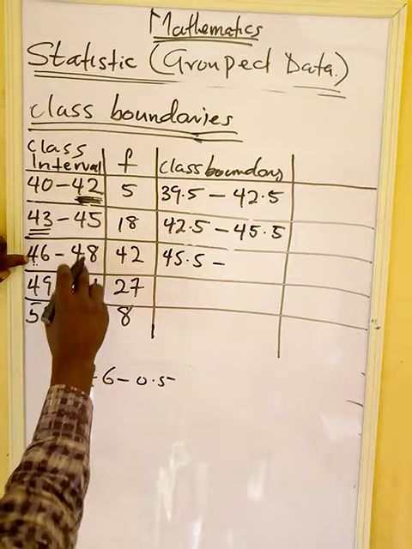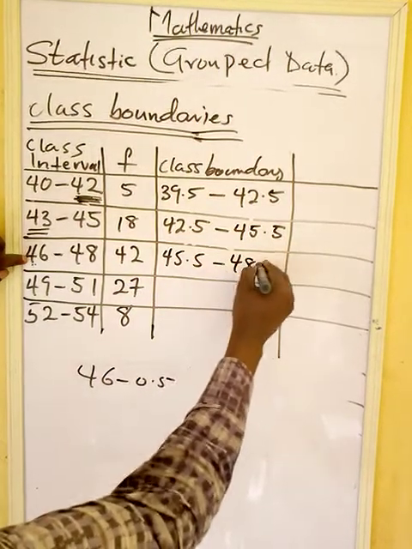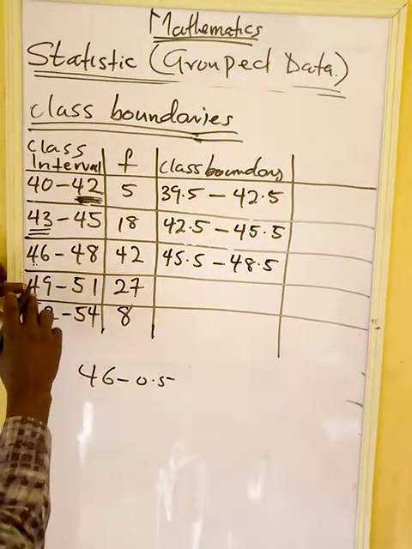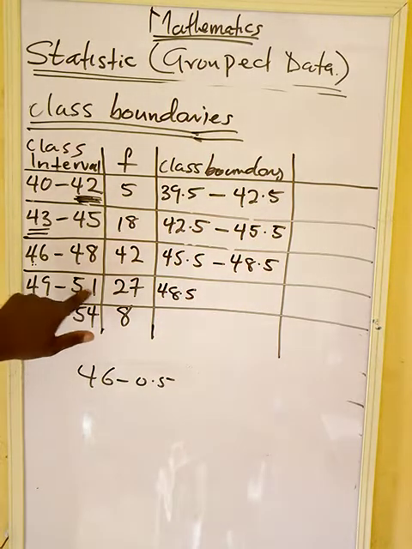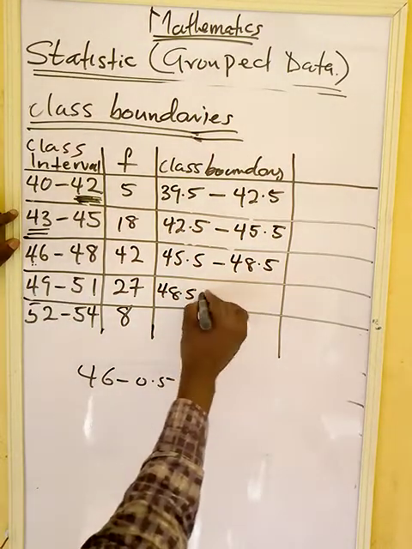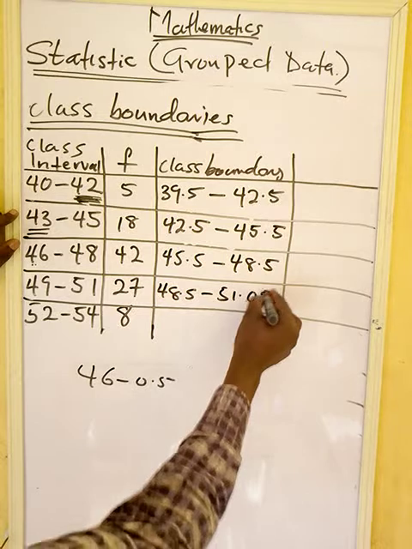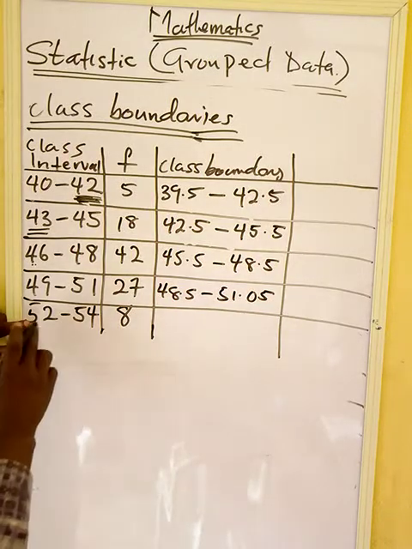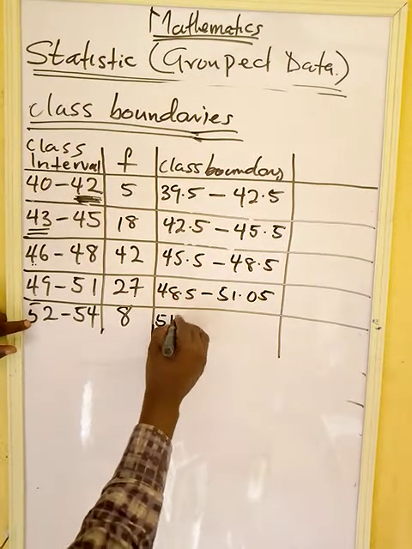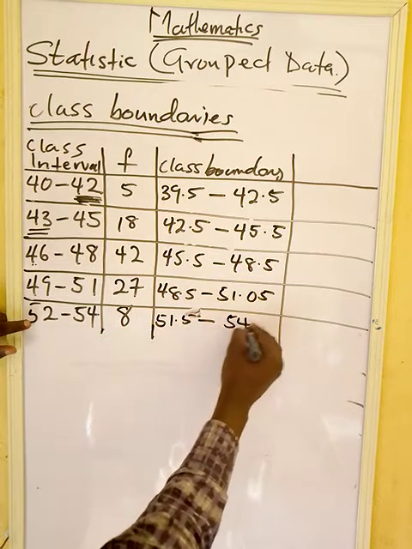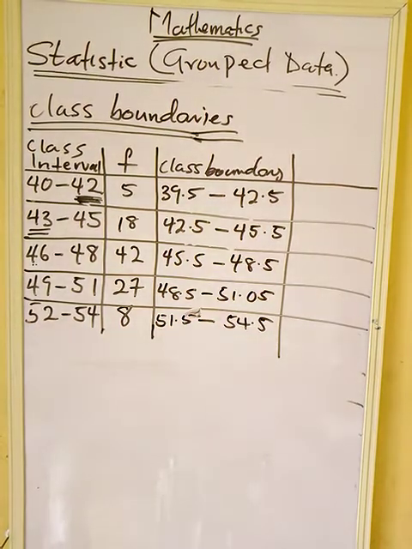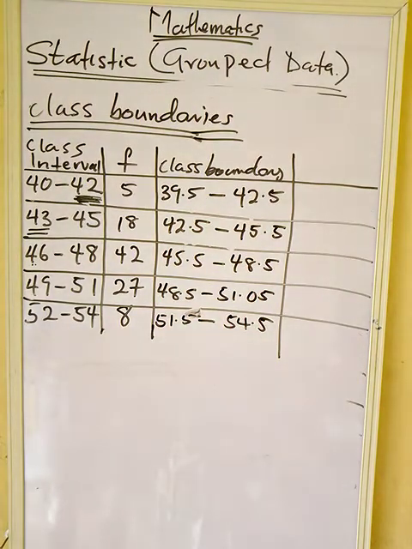You add 0.5 to 48, we have 48.5. You subtract 0.5 from 49, we have 48.5. Then 51 plus 0.5 gives us 51.5, and 52 minus 0.5 gives us 51.5 to 54.5. That is how we get our class boundary.